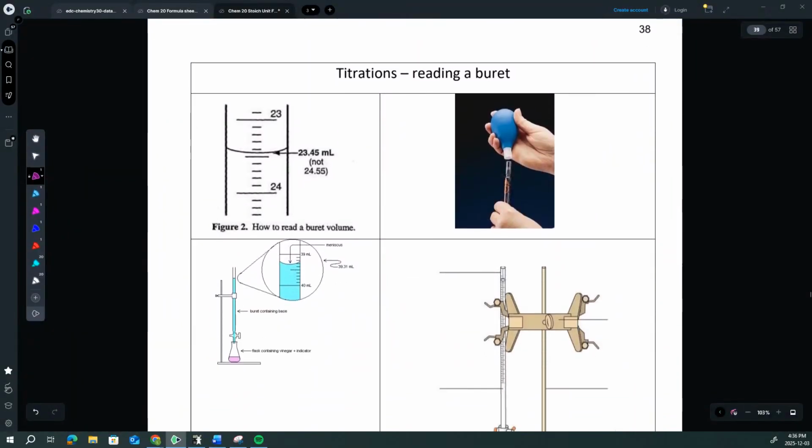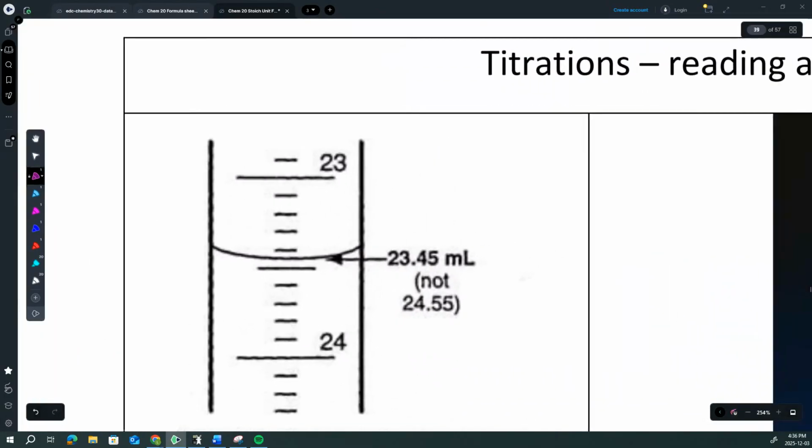So with reading a burette, to read the volume, you always go to the bottom of the meniscus. Okay, so the meniscus is this curved line that will show you the level of your titrant. Okay, and you always read to the bottom of it. So in this case, this is showing that we have a volume of 23.45 milliliters.